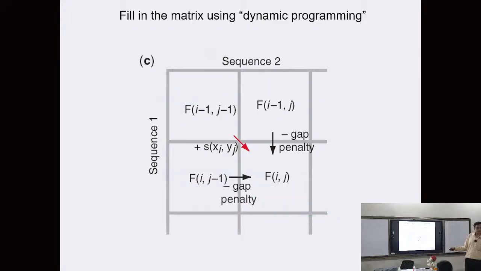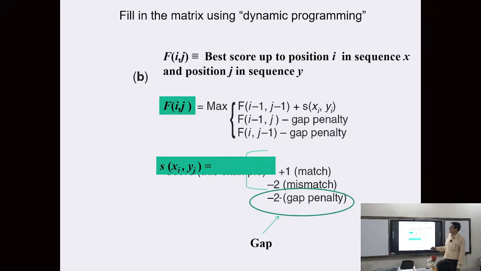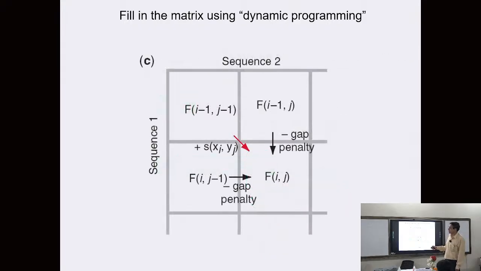Clear? You select the best out of these three, which could be diagonal, vertical, or horizontal. If the best is diagonal, make it red, so that later we can trace how we got the best score: through a vertical move, horizontal move, or diagonal move.